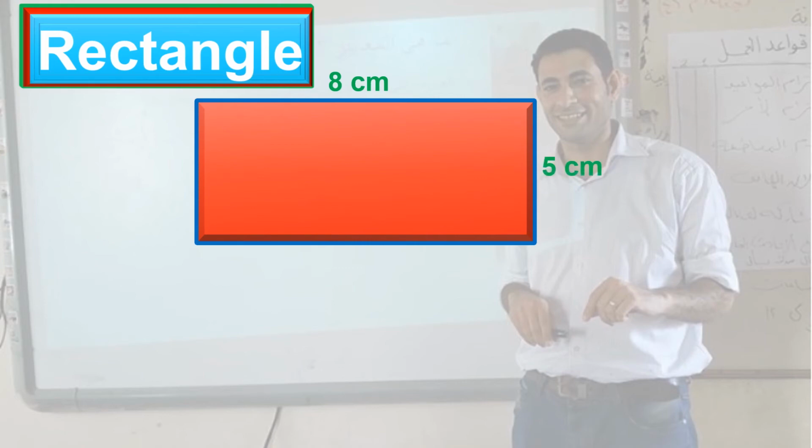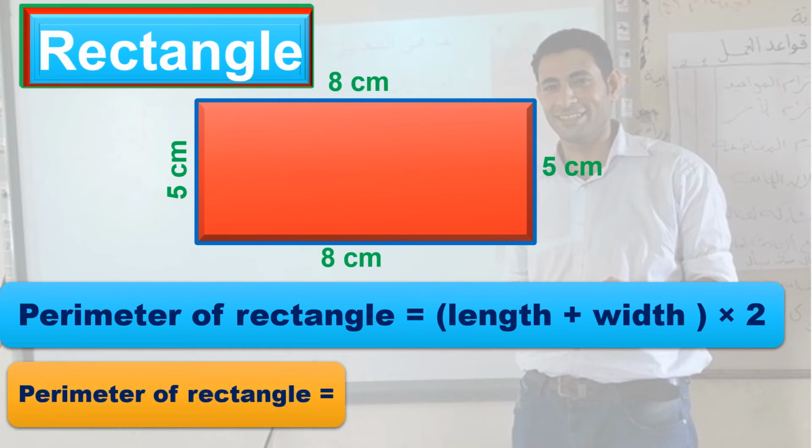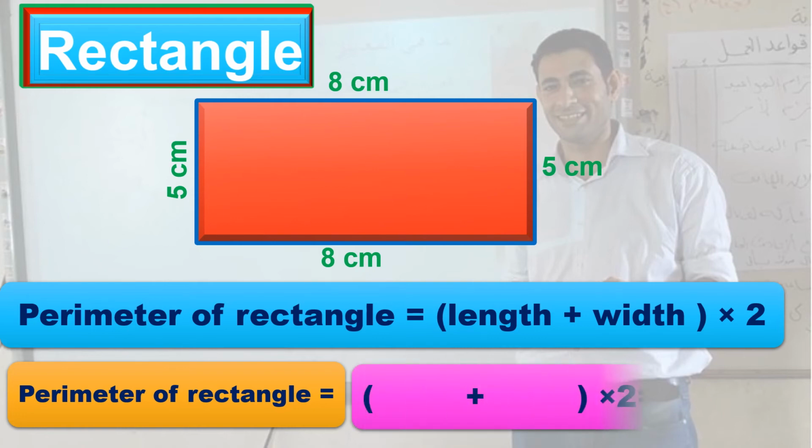In this figure, rectangle has 4 sides. Both greater sides are 8 cm and the smaller sides are 5 cm. Now we want to find the perimeter using the rule. Perimeter of rectangle equals length plus width times 2. Length of rectangle equals 8 cm and the width of rectangle equals 5 cm.